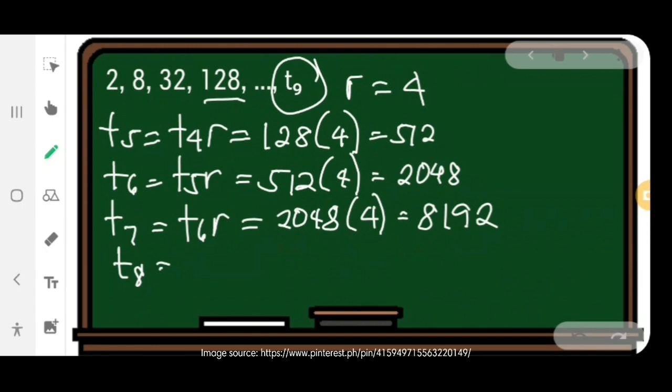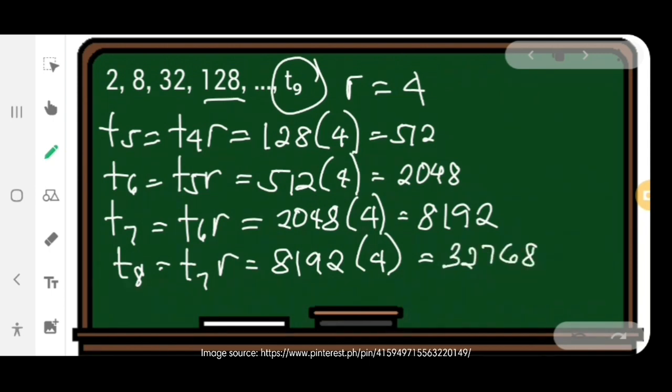Now let us go back to the t sub 8 or the eighth term. So that is equal to t sub 7 times the common ratio. So t sub 7 is equal to 8,192 times 4. So this is equal to 32,768. Now let us go to the unknown term.